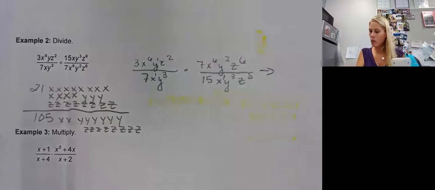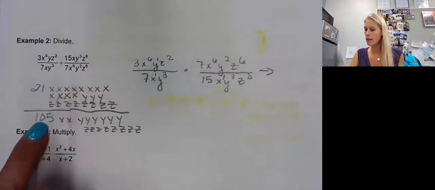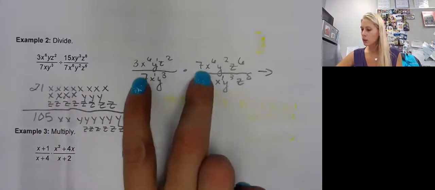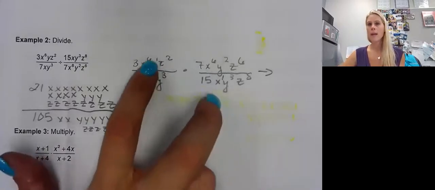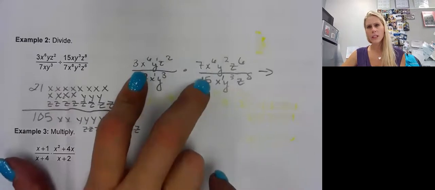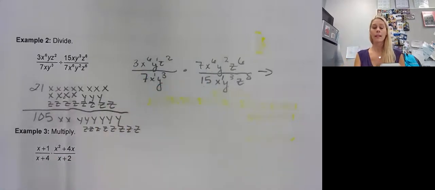All right, so what can go into 21 and 105? If you guys look here, you both have a 7, so I know 7 goes in there. And 3, well, 15 can go into 15. 3 can go into 15. So let's see, does 21 go into 105? 105 divided by 21 equals 5.